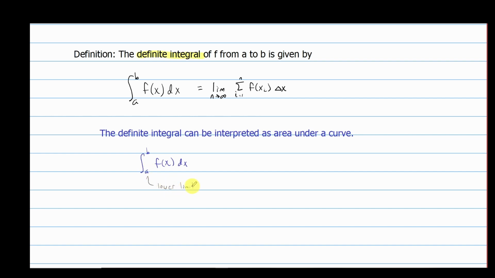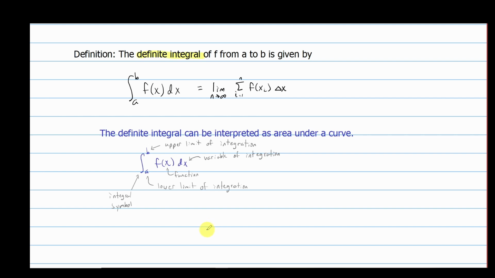So the one on the bottom is the lower limit of integration, and b, the number on top, is the upper limit of integration. Okay. This elongated s is our integral symbol. Then we have our function, and then that differential dx lets us know the variable of integration.